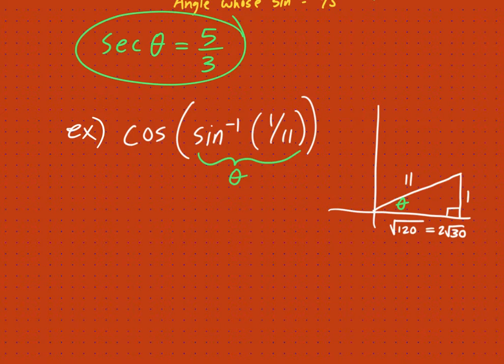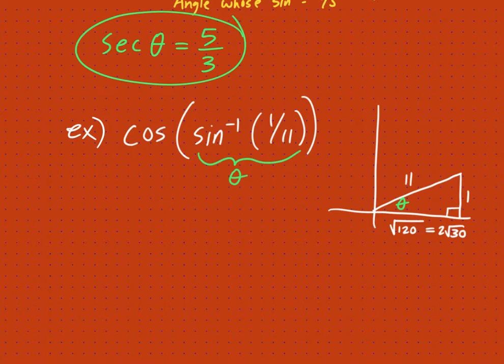If it's a positive value up in the first quadrant, it's easier. We don't have to worry about any of those negatives. But if sine was negative, we would be in the fourth quadrant. If cosine's negative, we'd be in the second. And you have to worry about plus or minus signs then. But this one, we're in the first quadrant. To get this square root of 120, that's 11 squared minus 1 squared. So that's 121 minus 1, which is 120.